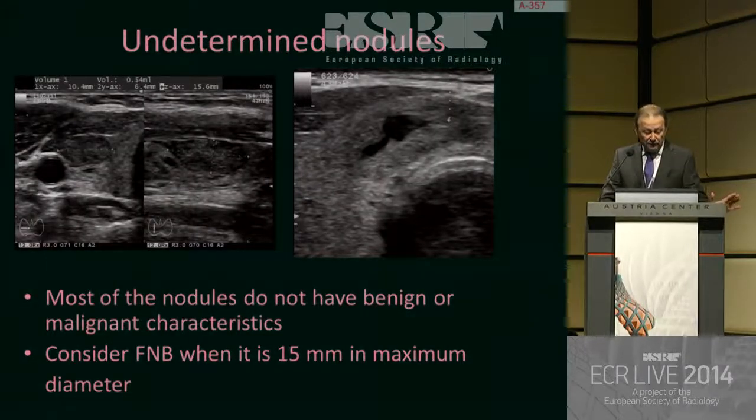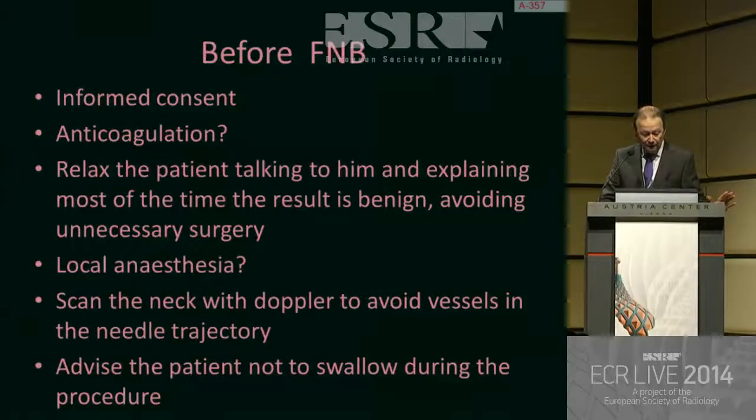Indeterminate nodules, unfortunately, are the most frequent nodules. Most of the nodules do not have benign or malignant characteristics. We consider FNB in these nodules when they are 15 millimeters in maximum diameter.